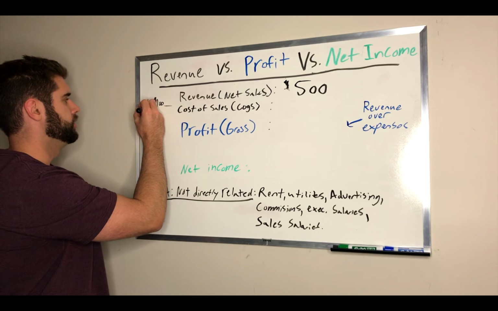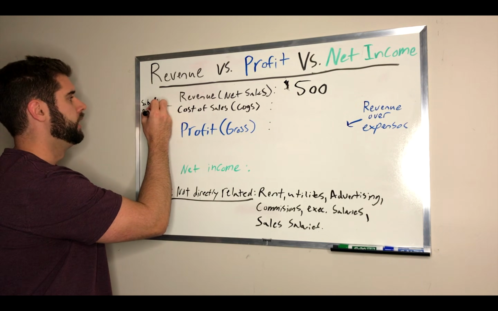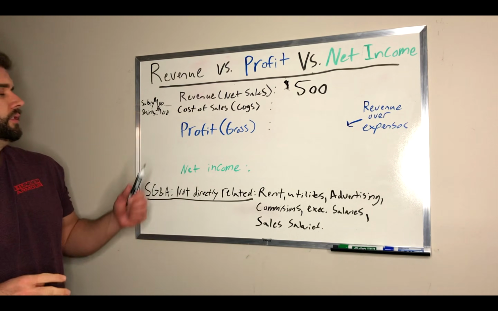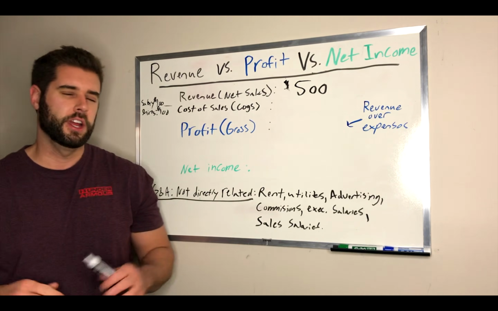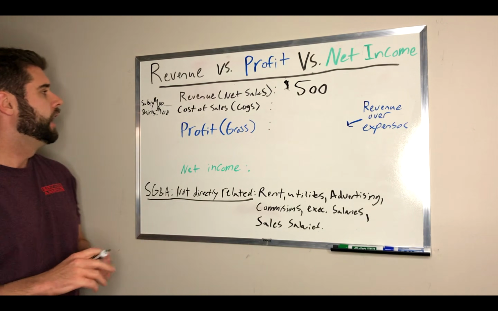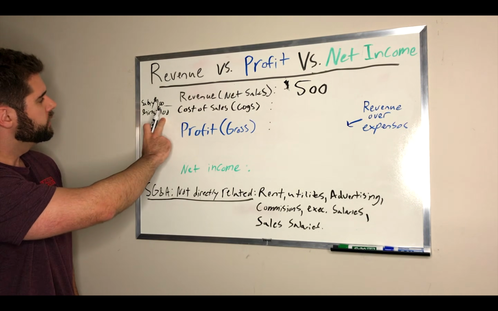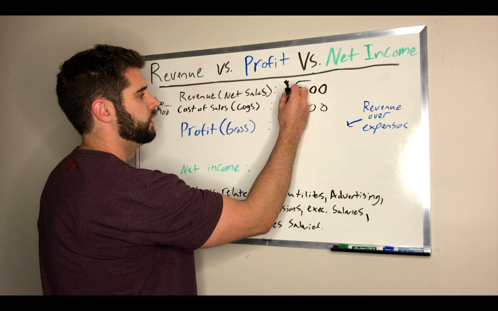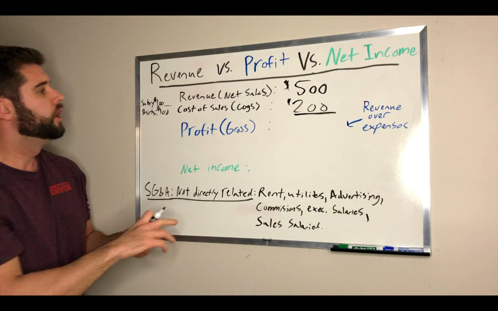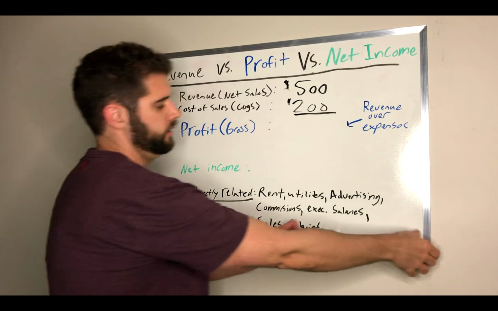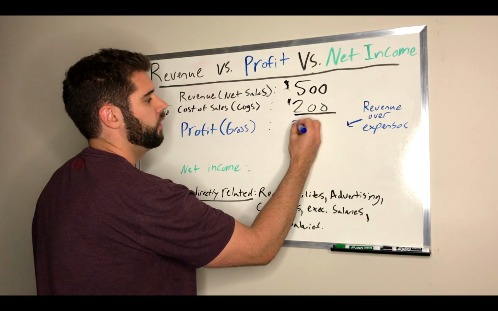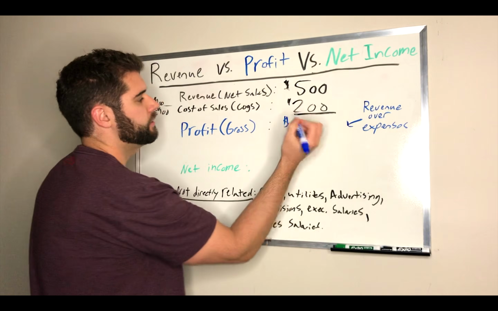Say the cost of the shirts themselves or the material is another $100. And there can also be some indirect costs in there, like manufacturing overhead, but this is getting more into accounting. So then you would have a cost of goods sold of $200, right? So now what your profit is is $300. So that's a pretty basic concept.